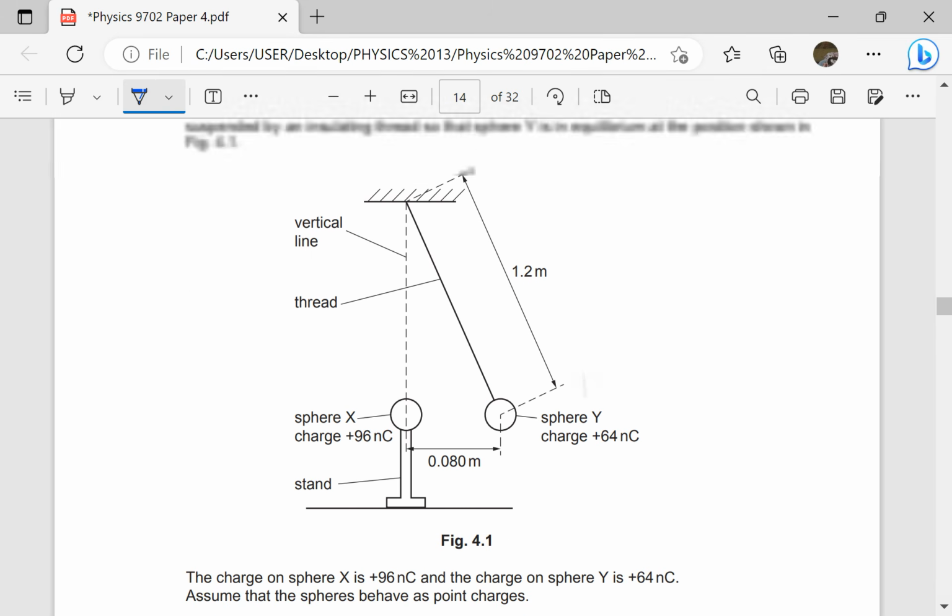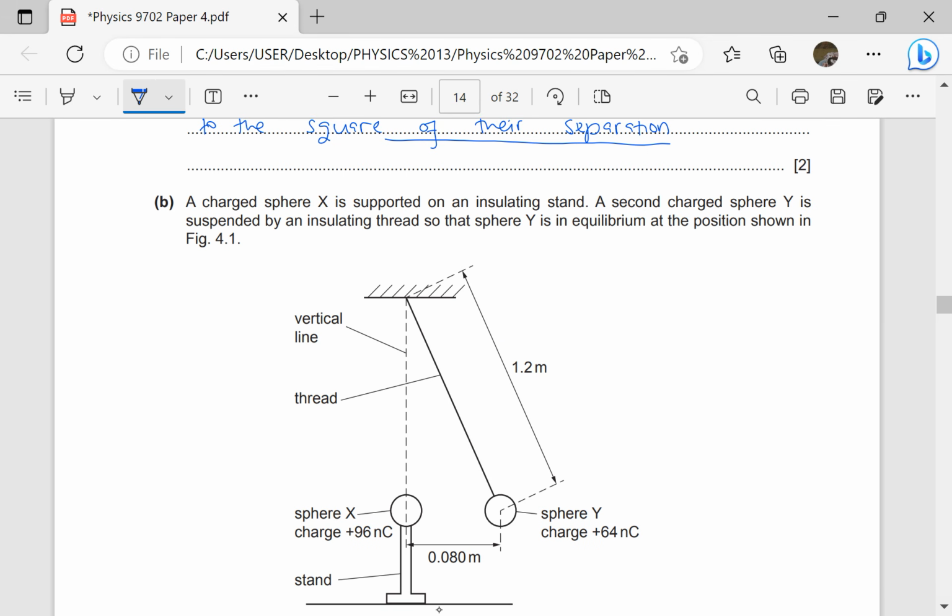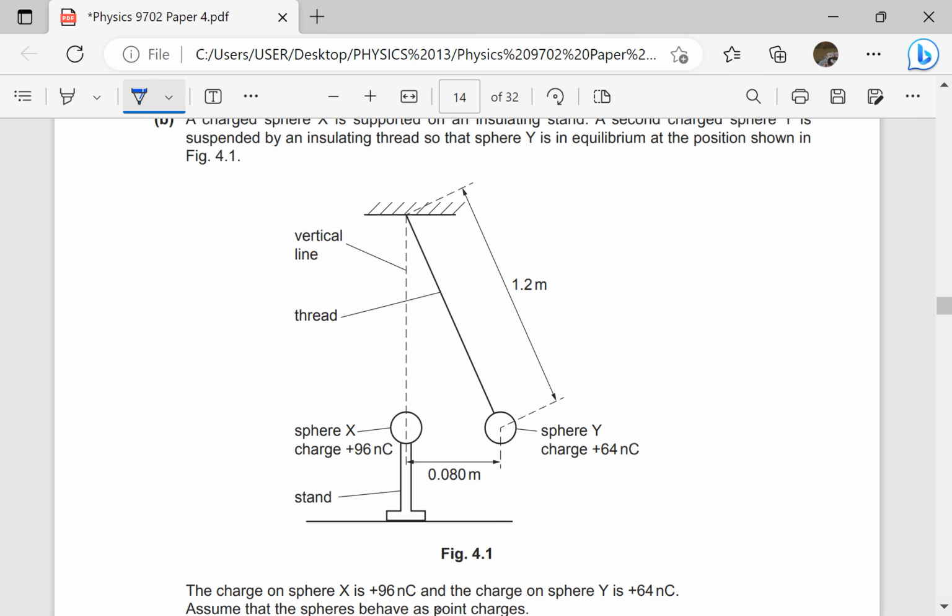Okay. A charged sphere X is supported on an insulating stand. A second charged sphere Y is suspended by an insulating thread so that sphere Y is in equilibrium at the position shown in the figure. Okay, let's use some mechanics here. When I draw a horizontal line here, and I call this angle theta, there is a force in this string, which is going to be the tension.